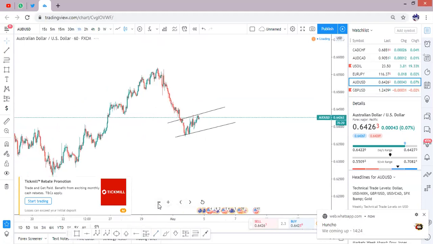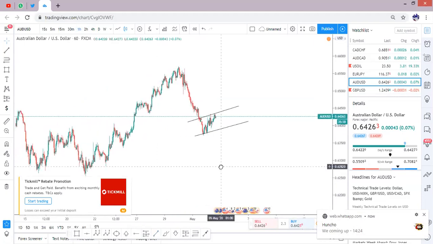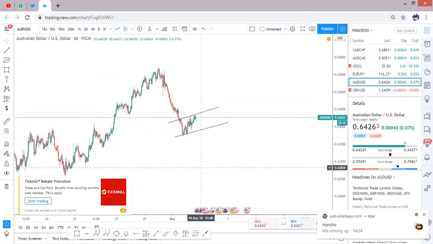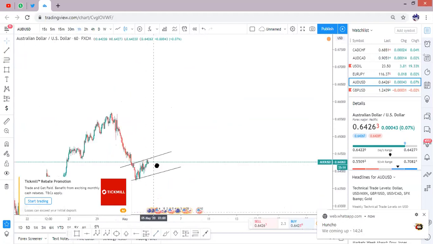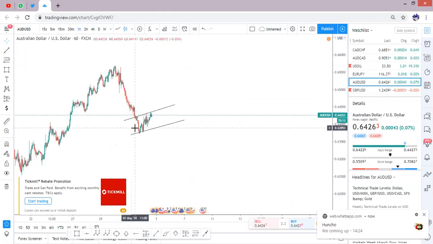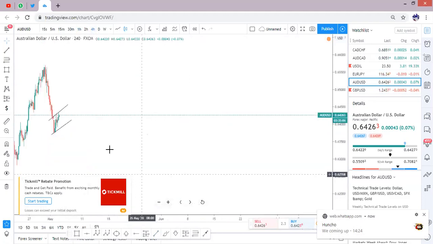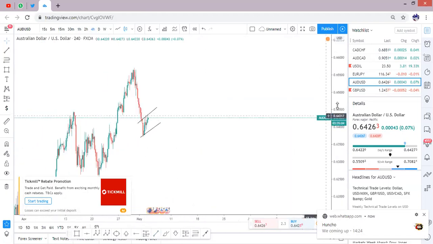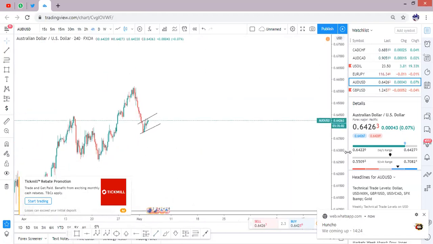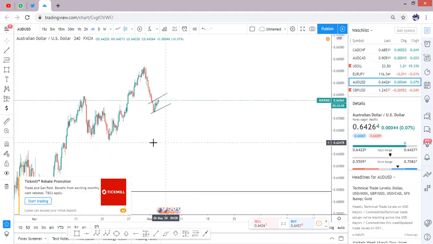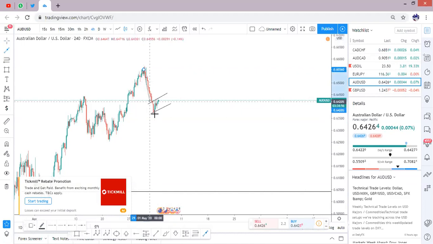So just for you to decide, maybe you want to enter this trade on a 1 hour or 4 hour, but we're having the same bearish flag on 1 hour or 4 hour. So I'll be looking for a strong bearish candle breakout on the 4 hour. Once I get that on this channel, then I'm good to go. So my take profit would be a measured movement like this.